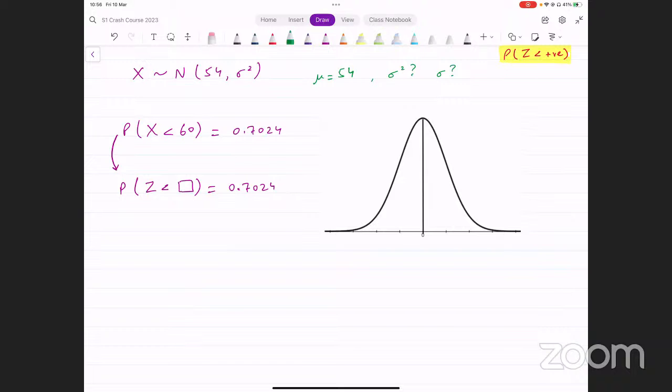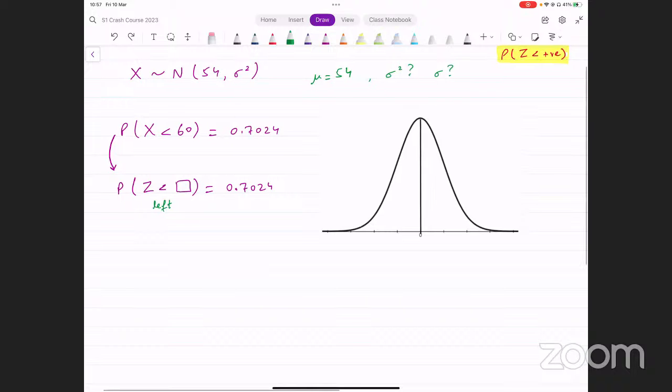The first thing you have to figure out is whether the value of Z here is positive or negative. How do you do that? This statement means that the probability to the left, so this less than sign means that the probability to the left of this value of Z is 0.7024.